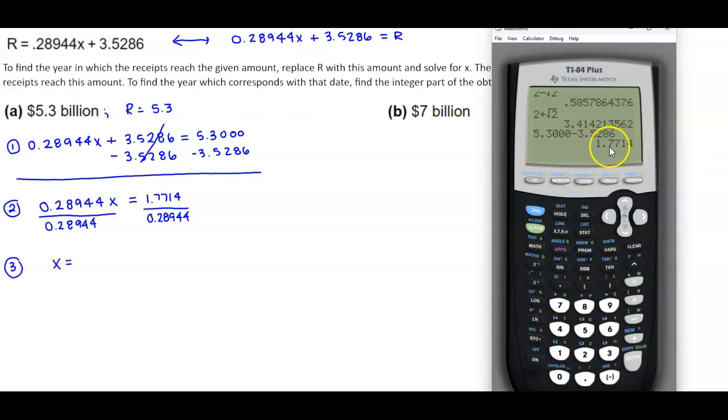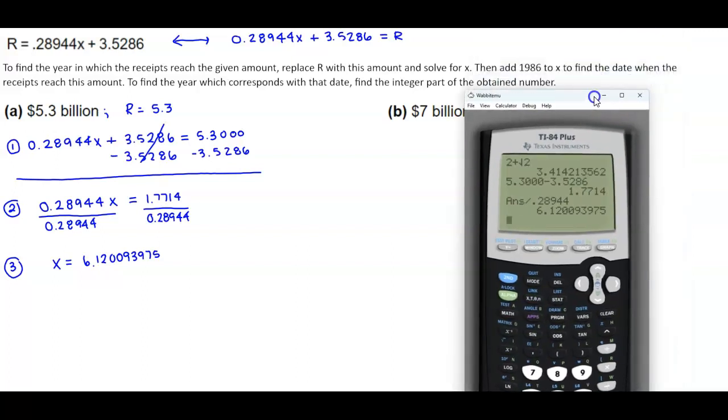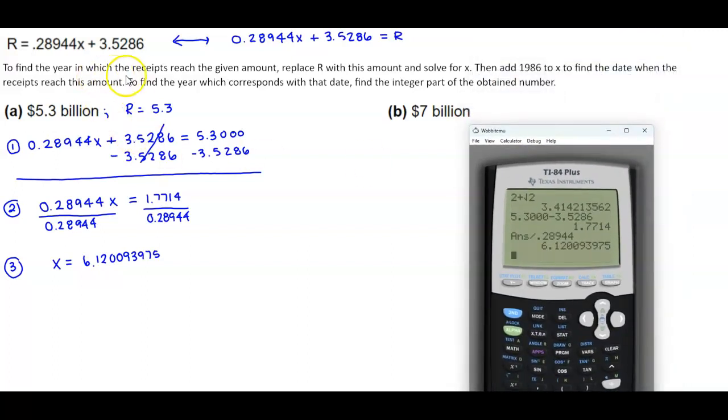Well, here we just need to take this number and divide it by 0.28944. And so that gives us 6.120093975.